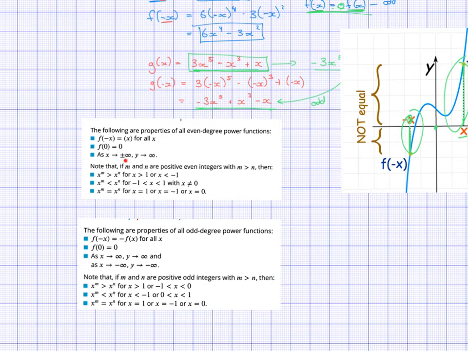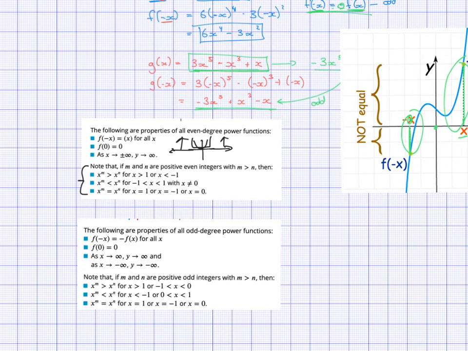And as x approaches infinity, y also approaches infinity. That makes sense because as we have a parabola or a square thing look like this, as x gets bigger, y also increases that way and that way. This stuff here, don't stress too much about that for now. It will make more sense as you actually graph some more of the functions.